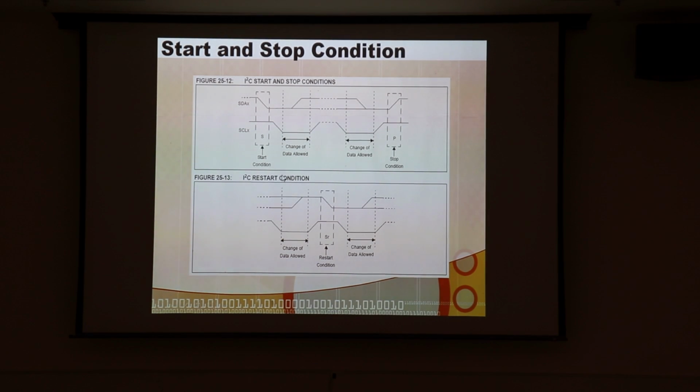So normally we start everything off by this start condition. And the way the start condition works is the clock line is high and we pull the data line low. Normally you're not allowed to do that. Normally you can only change data when the clock is low.